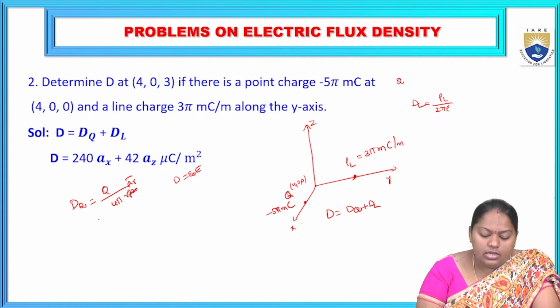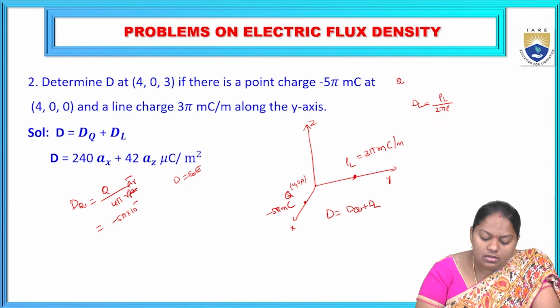Right? So if we substitute the Q value, Q is minus 5 pi into 10 power minus 3 by 4 pi into aR by R square.